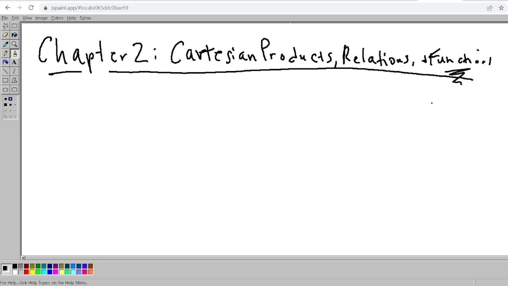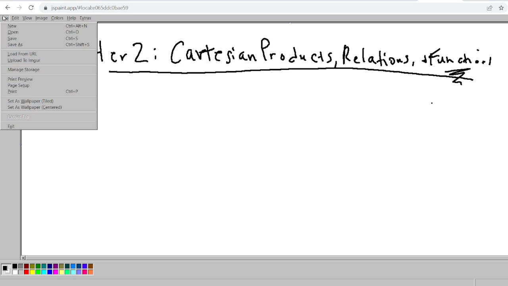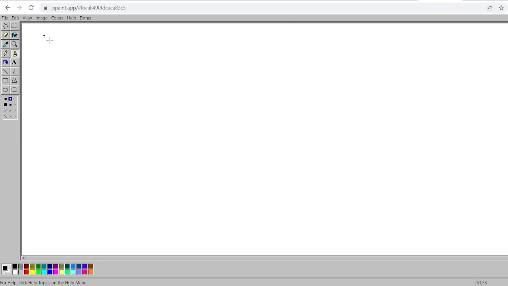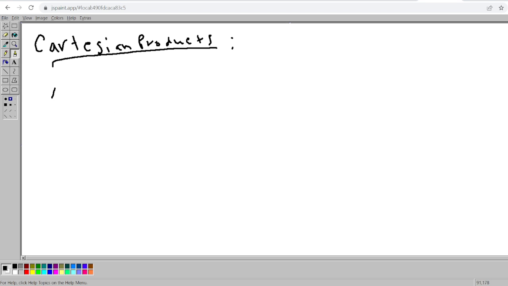Let's get to a new page. We've defined A plus B, we've defined A minus B, and we've even defined A circle plus B, the symmetric difference.